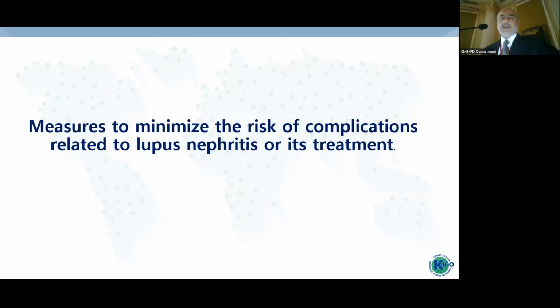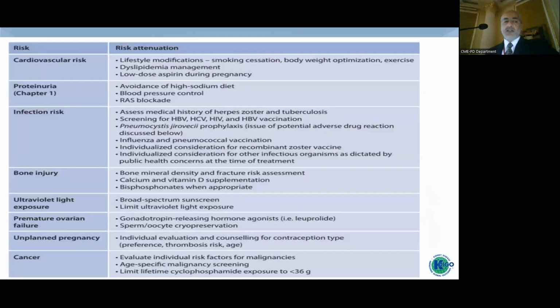But they emphasize that there are general measures to be implemented for all classes of lupus nephritis. The main target is to minimize the risk of complications related to lupus nephritis itself or its treatment. Among the risk factors that need to be controlled is cardiovascular risk, by lifestyle modification, management of dyslipidemia, and using low-dose aspirin during pregnancy.